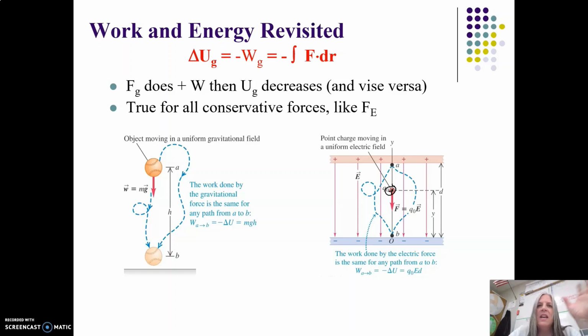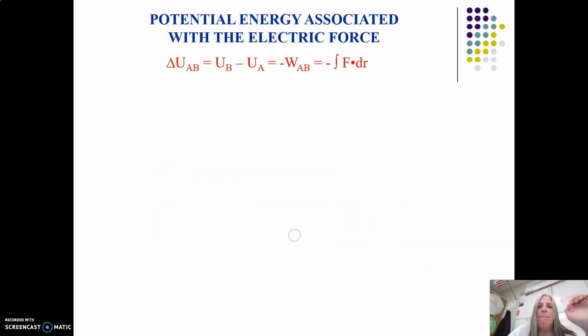So we have a transformation of energy going on here. And the work and the potential energy are always opposites of each other when we're talking about the work done by the electric field. So the change in electric potential energy is always opposite of the sign of work.